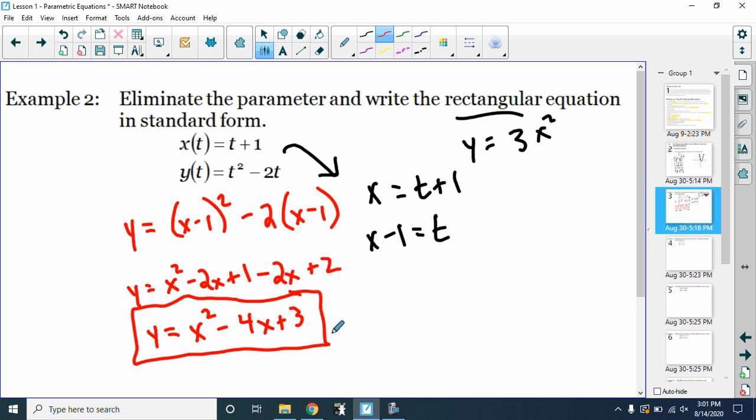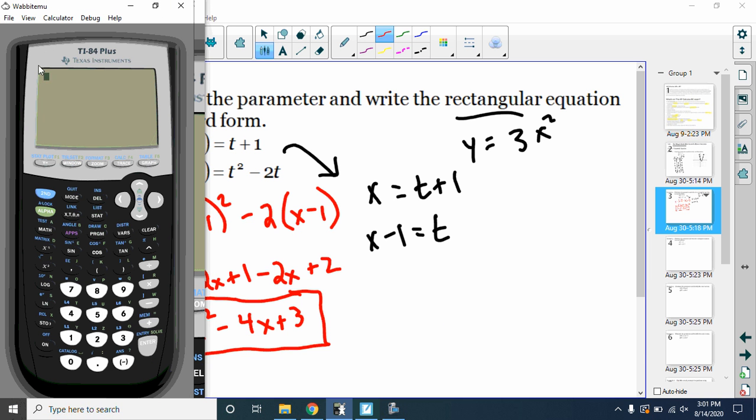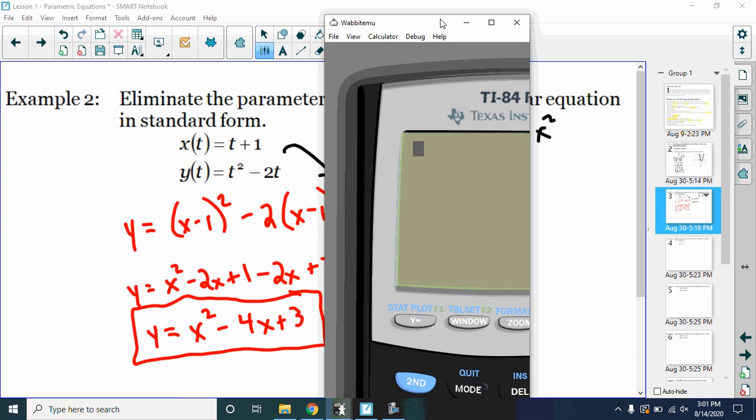Notice if I graph y equals x squared minus 4x plus 3, I should get the same points that I got when I graphed it by hand, because that's the same parametric equation that we just graphed. What in the world?